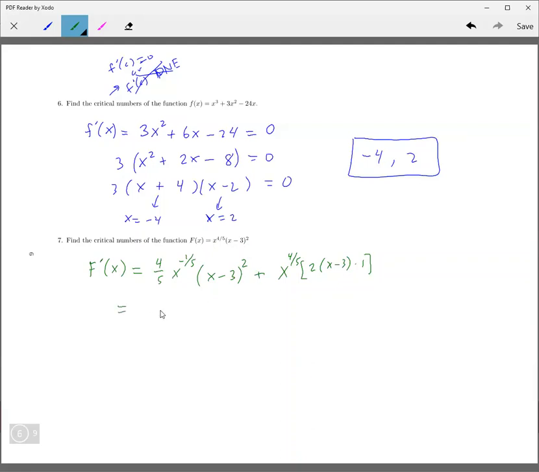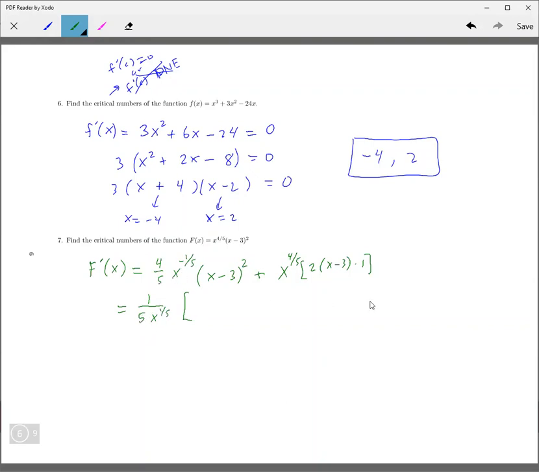Okay, let's see, I think the easiest thing would be to factor out a 1 over 5x to the 1/5. So that's this 5 and this x to the minus 1/5.